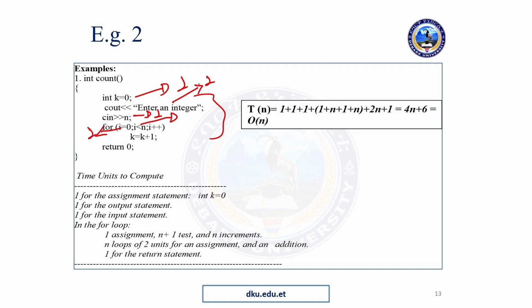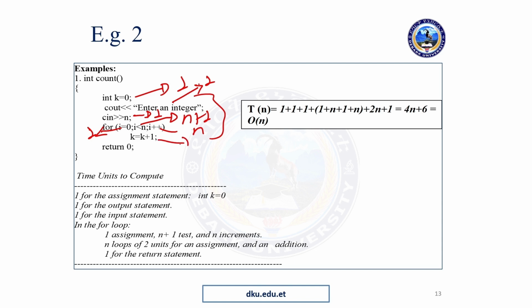This is a loop statement, I mean the condition statement, so it will take n plus 1 units of time, and this increment operation will iterate n times.